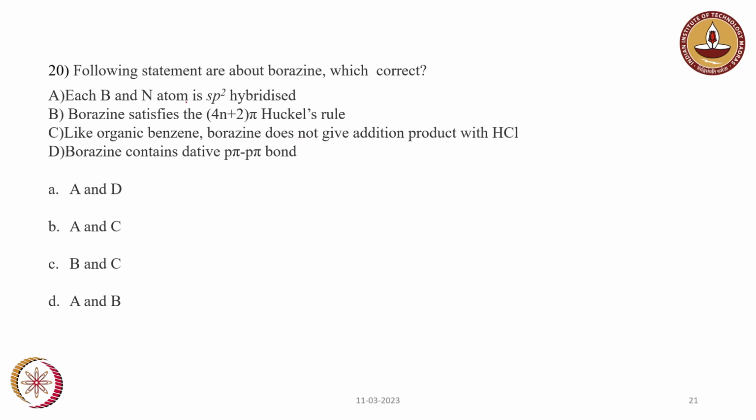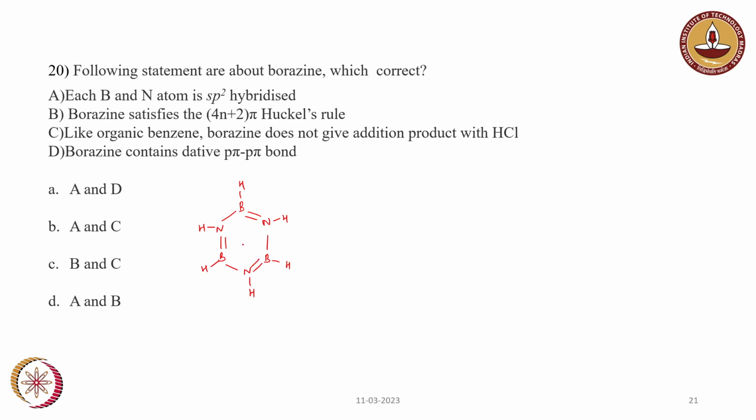Let's go through each statement. First one is each B and N atom in borazine is sp2 hybridized. This statement is correct because borazine will be like this, with alternate double bonds.